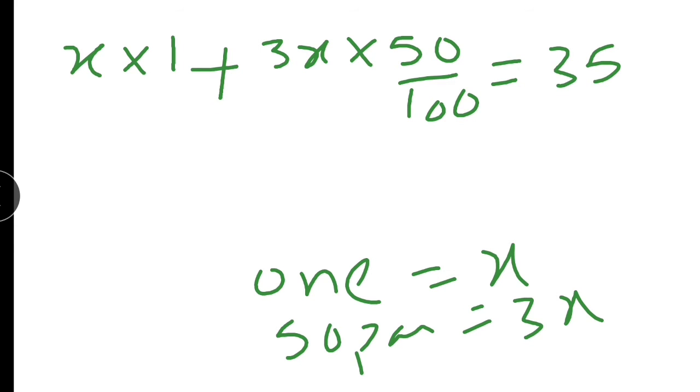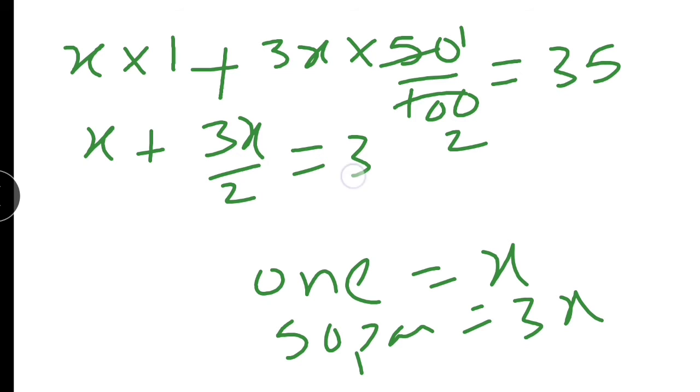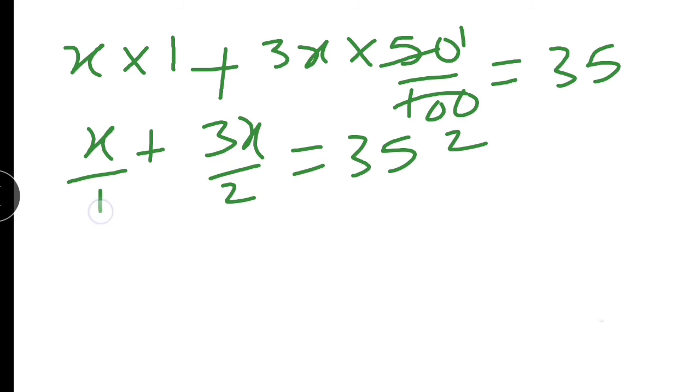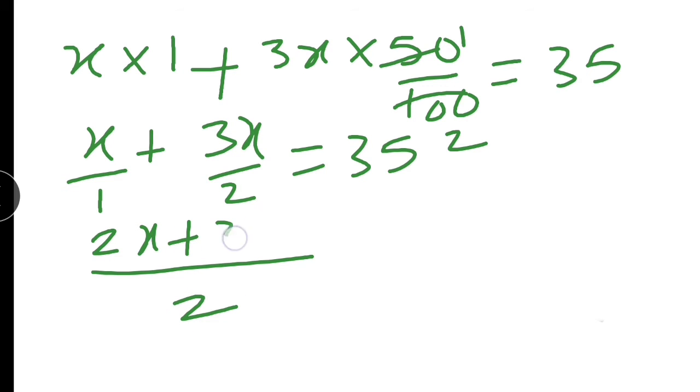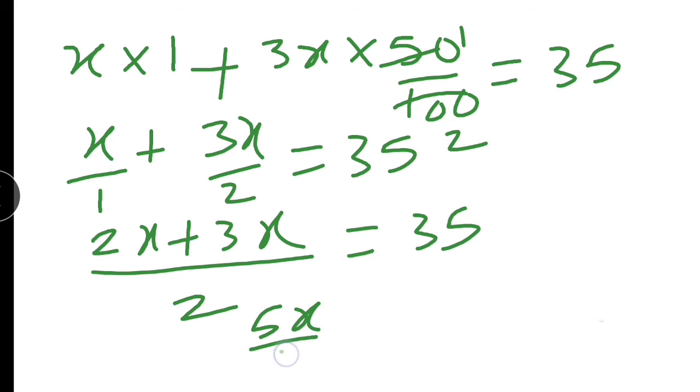So x into 1 is x, plus 50 ones are 50, twos are, so 3x by 2 equals to 35. So x I am writing as x by 1, 2 is the LCM, so 2x plus 3x equals to 35. 2x plus 3x is 5x by 2 equals to 35.